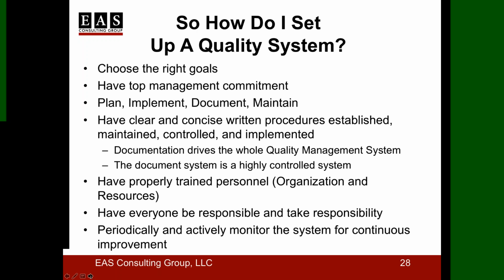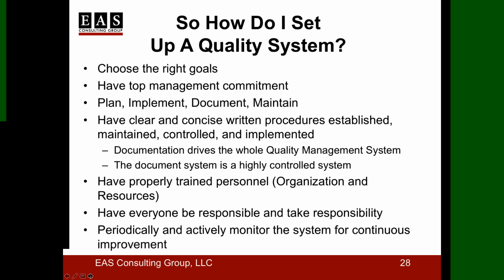Again, establish means define, which is the procedures. Implement means top management has to then take these established procedures and make sure that the people, quality, regulatory, manufacturing, sales, marketing, whatever, have been trained against those procedures.